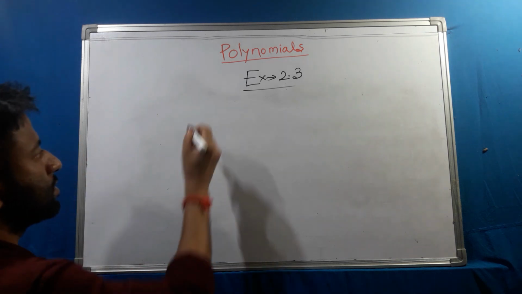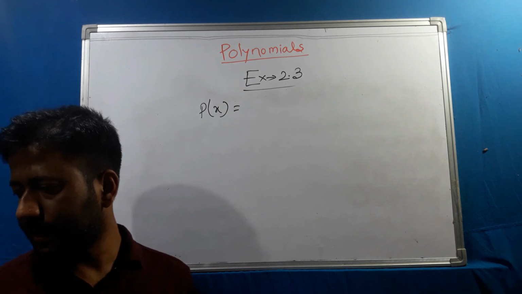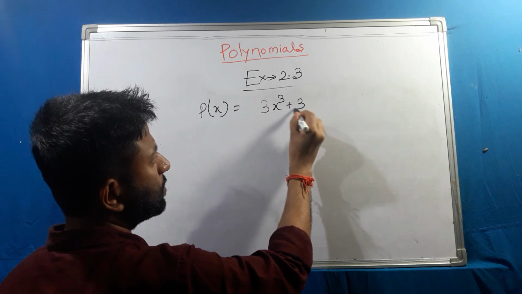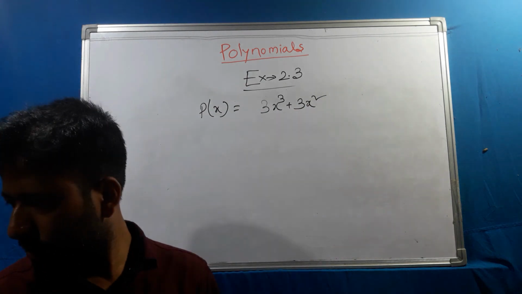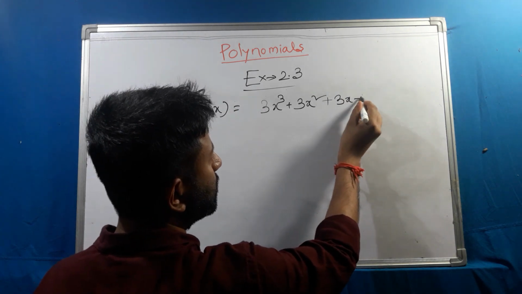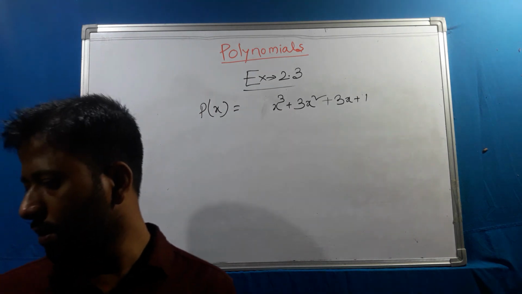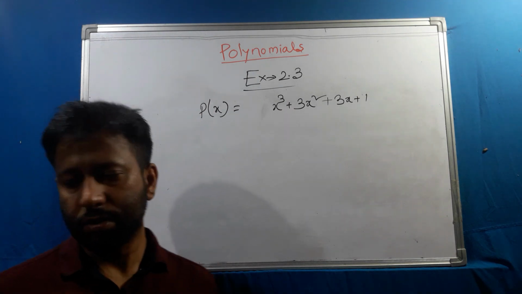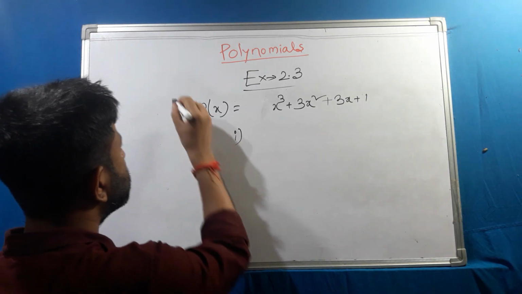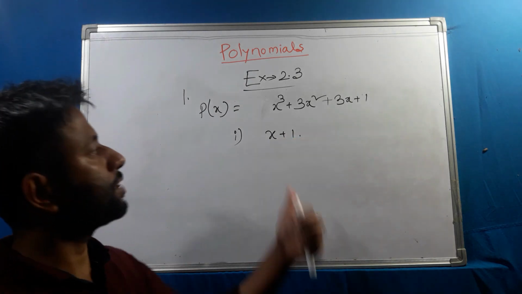The function p(x) is given: x cube plus 3x square plus 3x plus 1. Now I have to check with what value. Let's consider the first question, that is x plus 1.